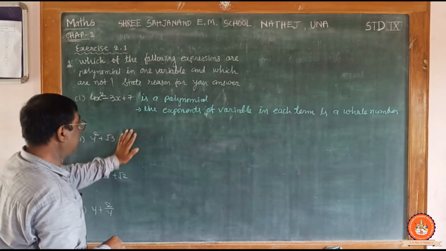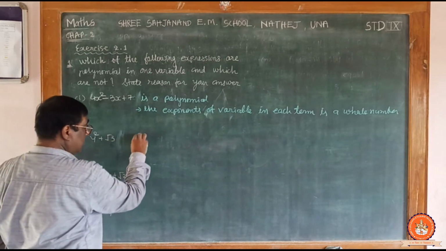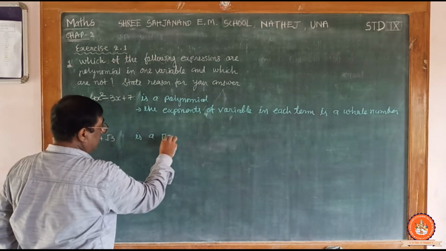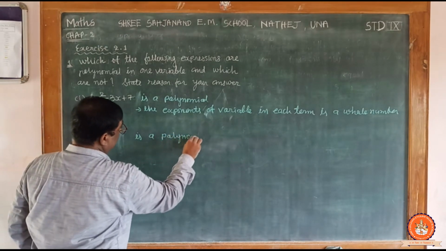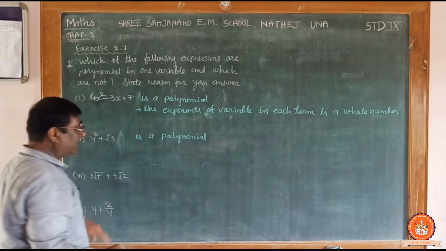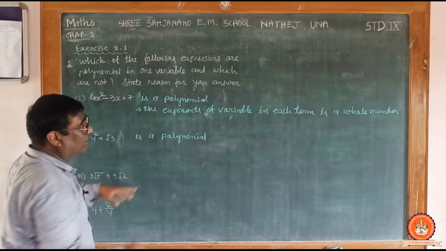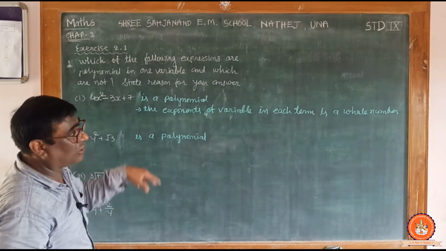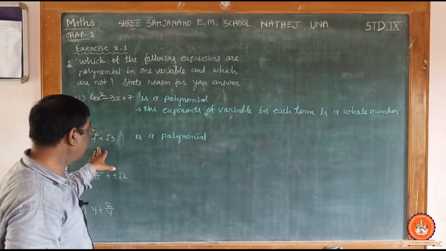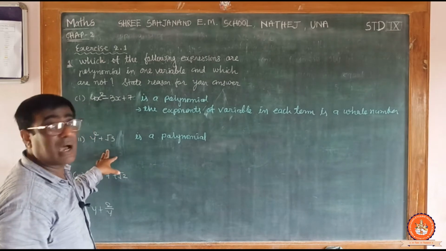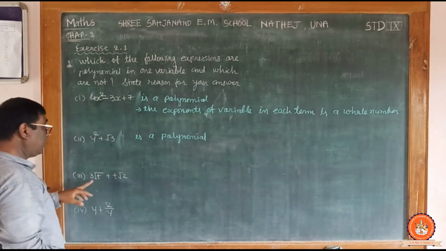So this one is also a polynomial. You can write the same reason for that: the exponent of the variable in each term is a whole number here also, and that is why this one is a polynomial.